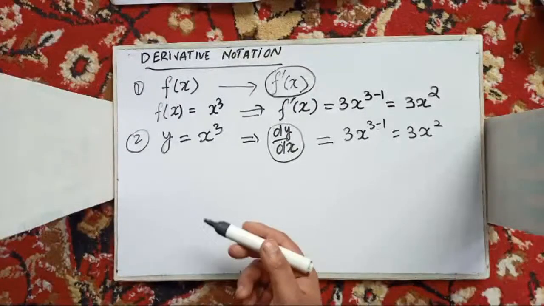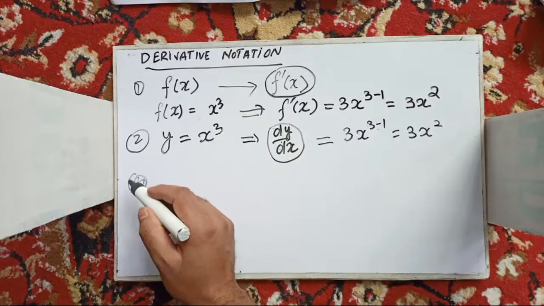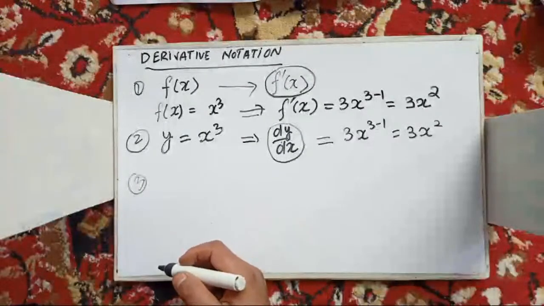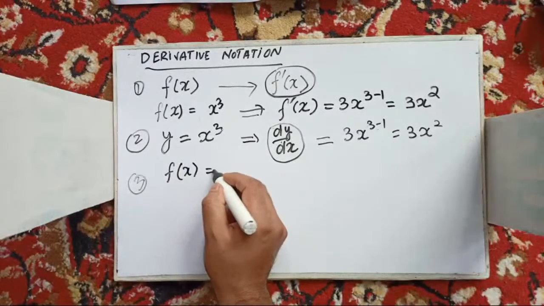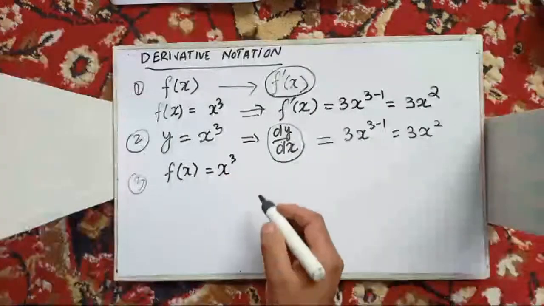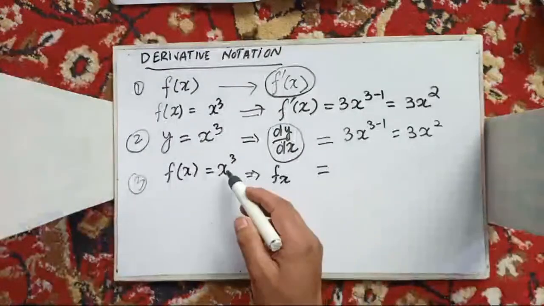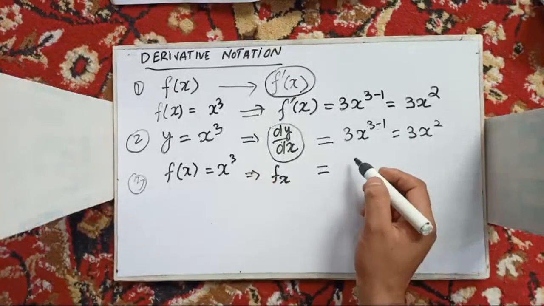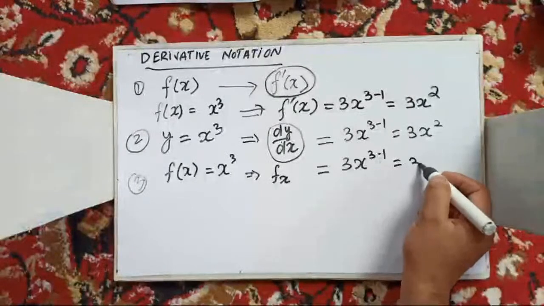Another notation to write the derivative of a function is that if f of x is equal to x cube, we can write the derivative as f subscript x. So here also the derivative will be the same, this 3 will become the coefficient, and 3 minus 1 is 2, so this is 3x square.